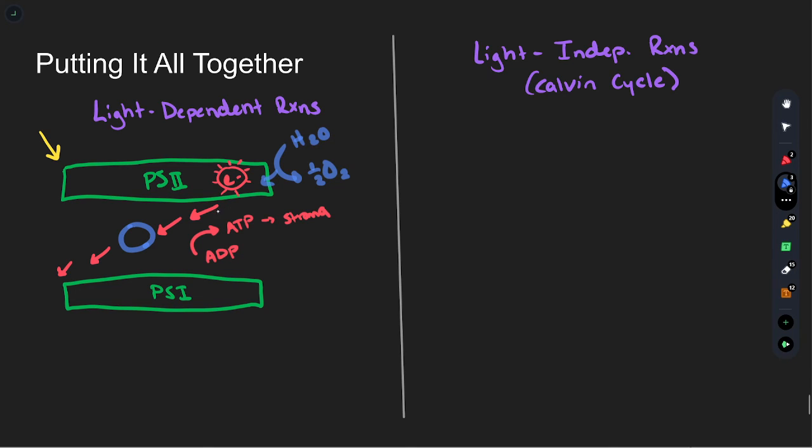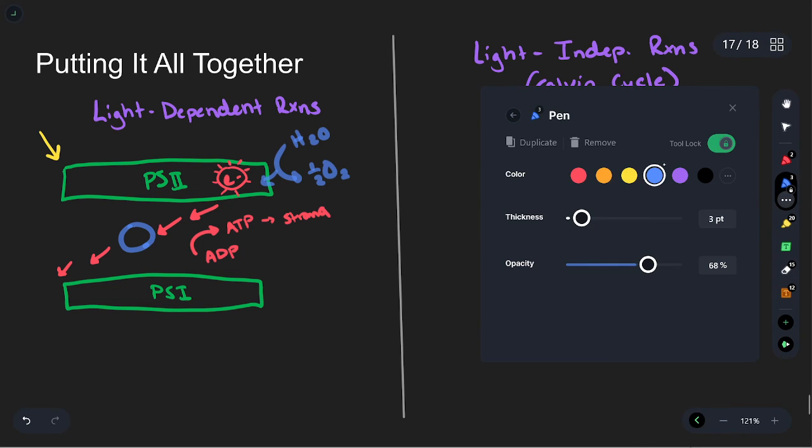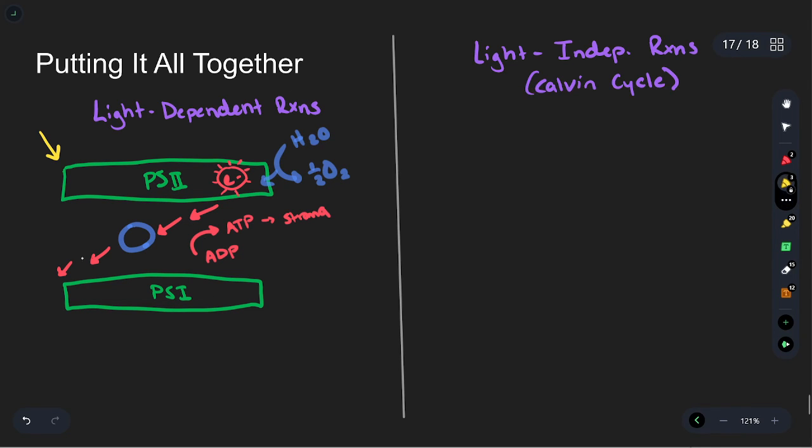The electron decreases in its energy level state as it passes through the ETC. When it goes to PS1, it's back in its low energy level state. Light hits PS1, which the electron absorbs, making it excited again. And it can now move through the second leg of the ETC where it meets ferredoxin.